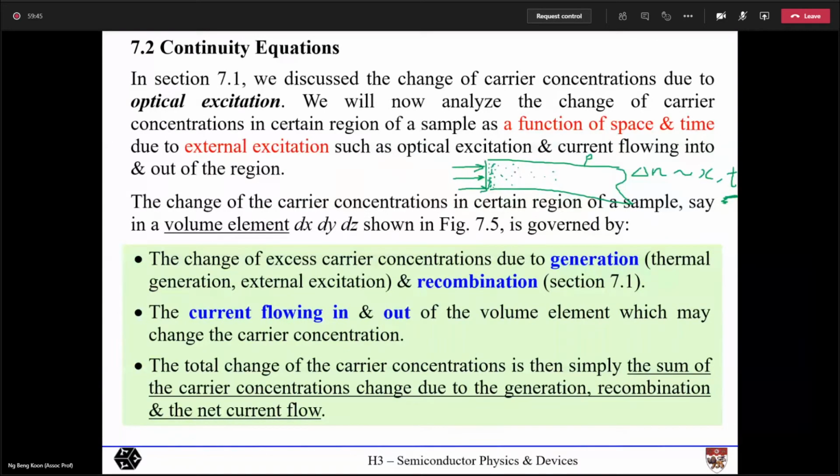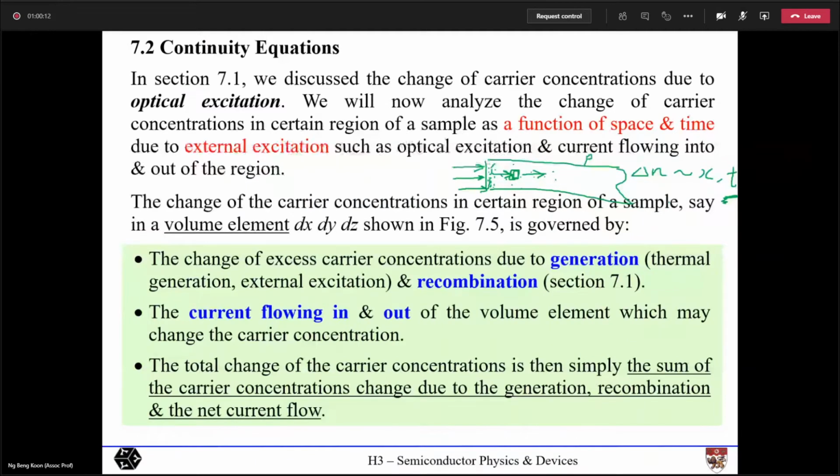Current flow could be an issue because, if you think about it, let's say you consider this point in the semiconductor. If the current that flows into this small element is different from the current flowing out, say there's more current flowing in than flowing out, then that implies the concentration in this element must be changing.